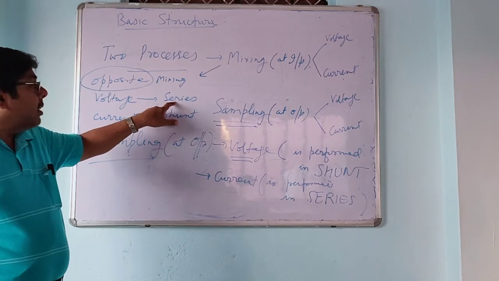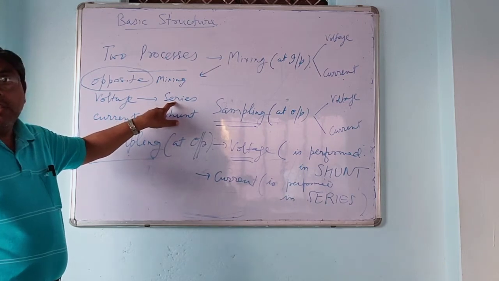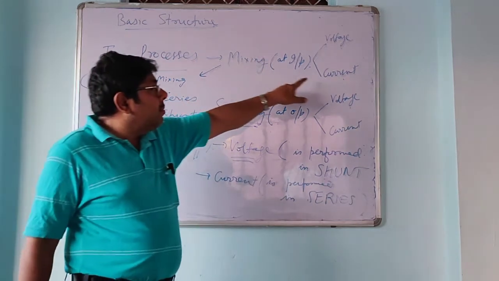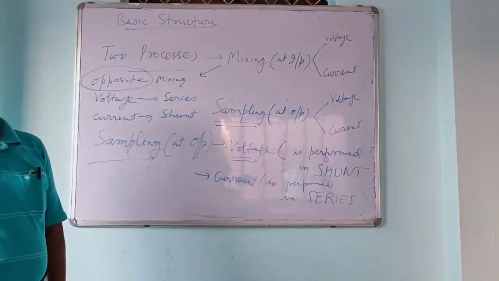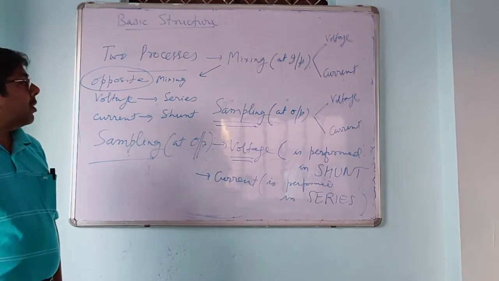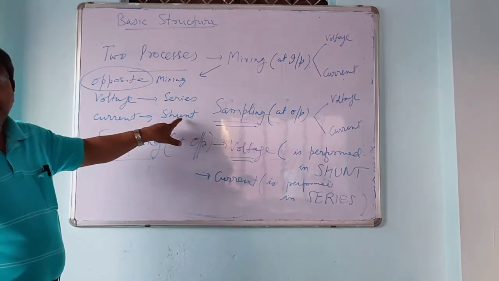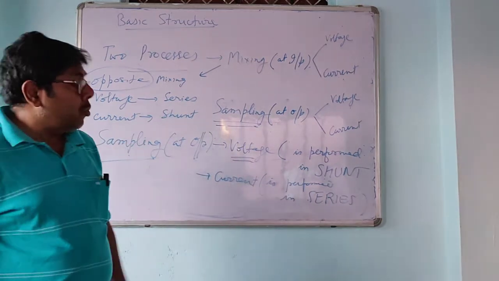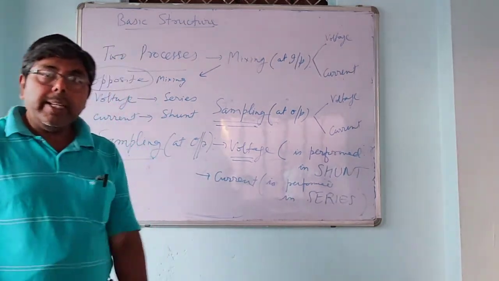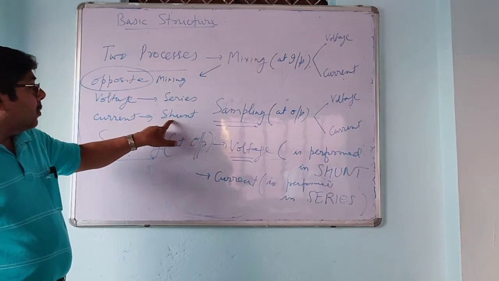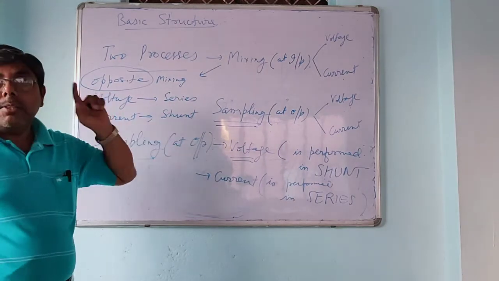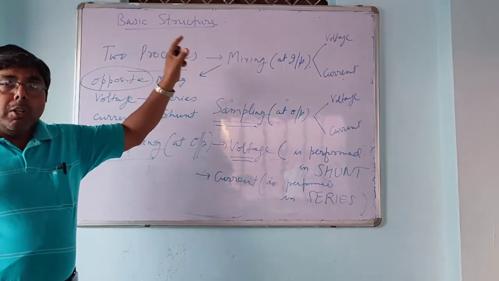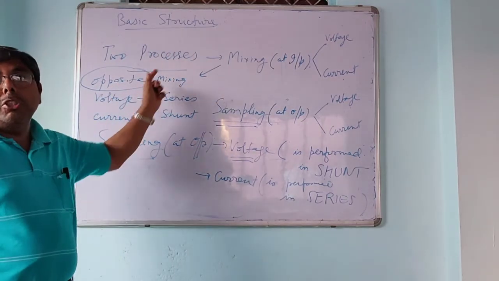We cannot mix two different voltages in parallel. And mixing of current is in shunt, because in series currents are the same. So if we try to mix two currents, then we have to perform this operation in shunt. So this is the basic concept for all these four basic feedback topologies.